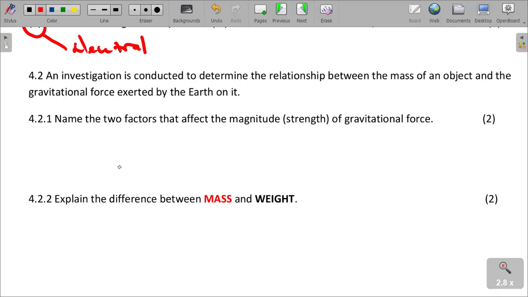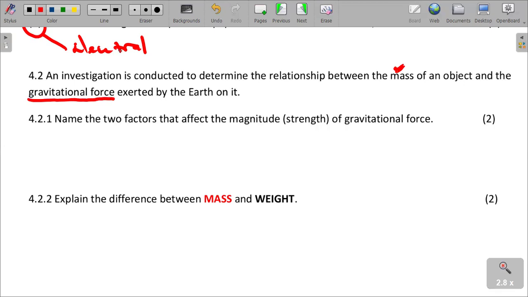So gravitational force is what pulls that object to the ground, giving it weight.